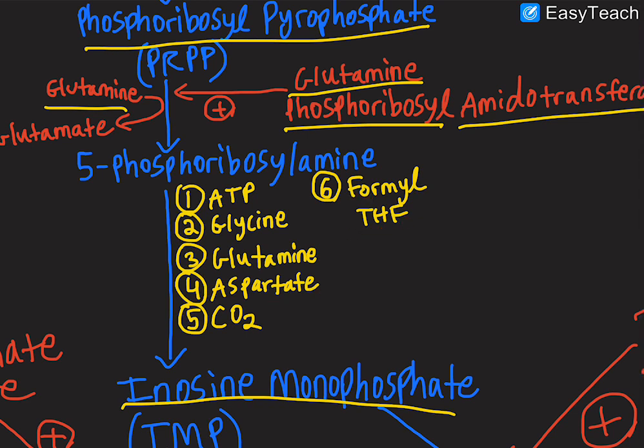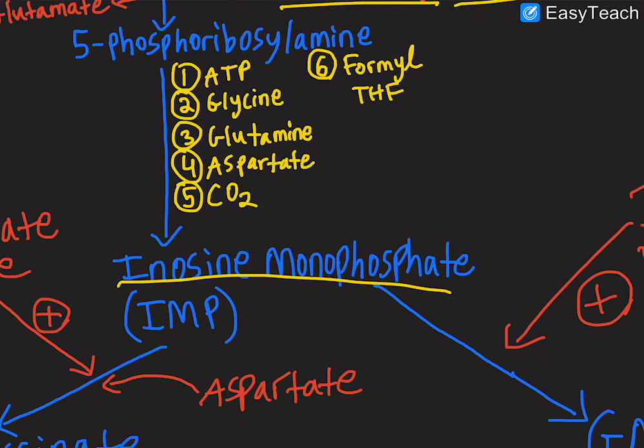We need these six things and 5-phosphoribosylamine in order to make IMP. This was the important creation, because from IMP you can take two pathways in purine synthesis. I'll take IMP and make GMP or deoxy-GMP, and I'll take IMP and make AMP or deoxy-AMP.